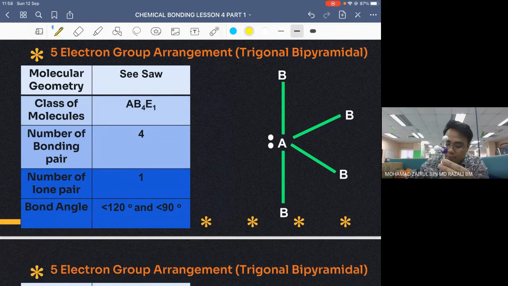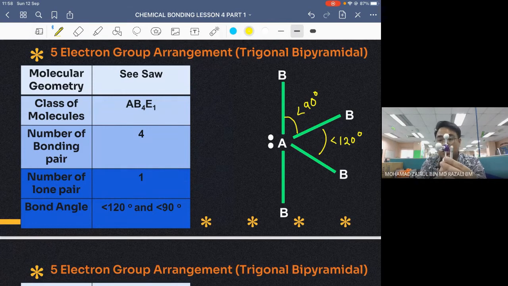So that's why lah bond angle between equatorial and equatorial akan lagi rendah daripada 120 degree, and the bond angle between axial and equatorial will be reduced to become less than 90 degree. Sebab apa? Once ada lone pair, repulsion ni lagi kuat daripada bond pair repulsion. So dia akan push. Okay, yang ini kita panggil dia sebagai distorted tetrahedral ataupun seesaw.